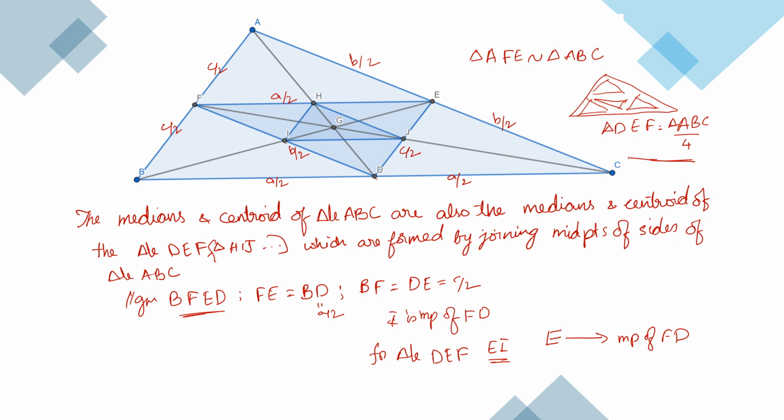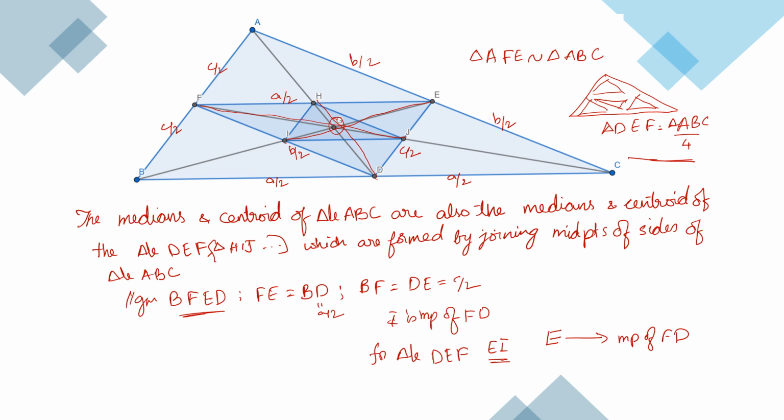Similarly, we can prove that this line segment is also the median of triangle DEF. Similarly, we can prove these other two lines DH and FJ are the medians of this triangle, and the point of intersection G is the centroid again. So similarly, we can prove that for this inner triangle HIJ also, these are the medians and G is the centroid.